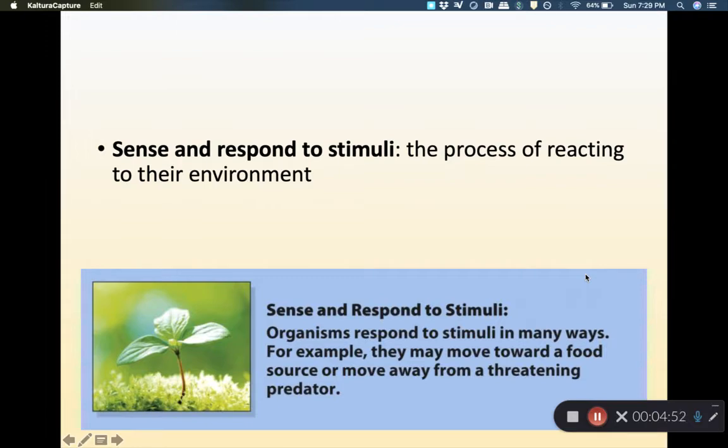The next thing that's critical is not only that our organisms have this homeostasis signature, but they're also able to respond to the environment. So they're able to sense and respond to different stimuli. And this is the process of reacting to their environment. So it's not only being able to maintain something of the self in a changing environment, but also then starting to react to that environment.